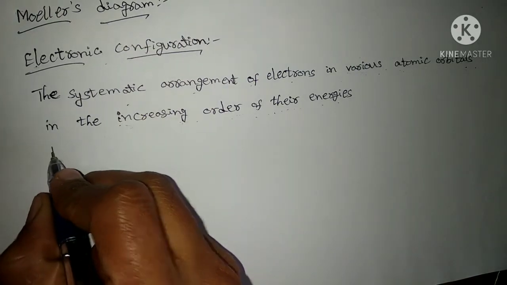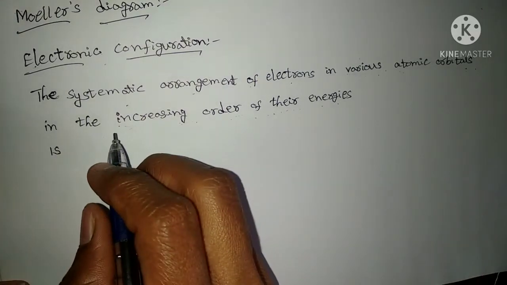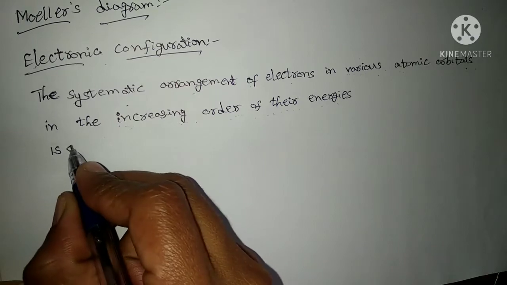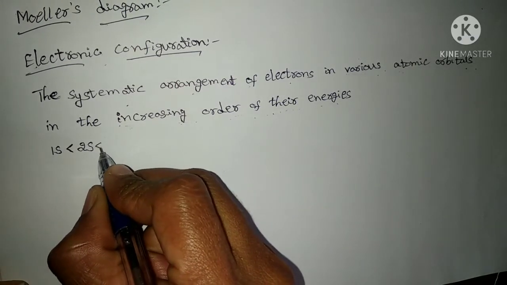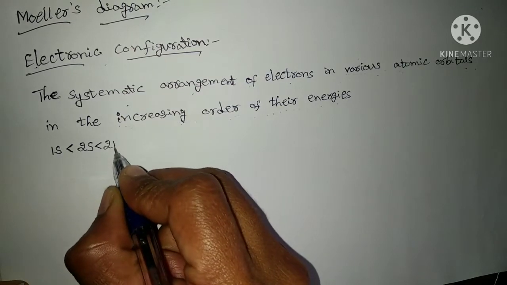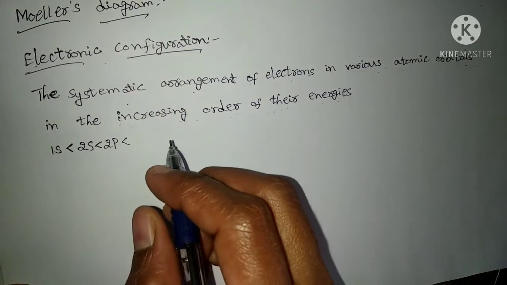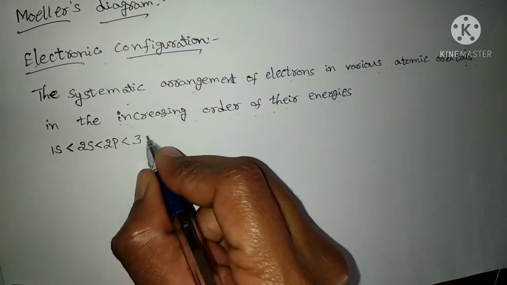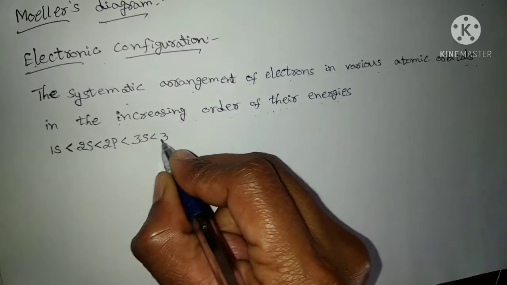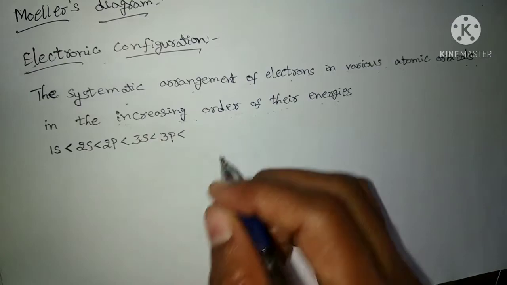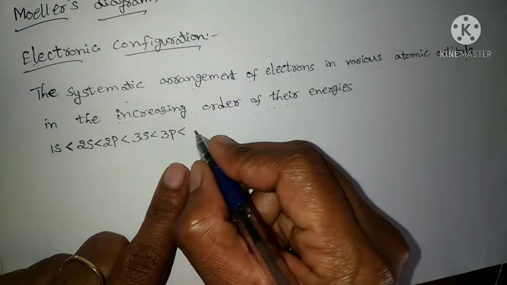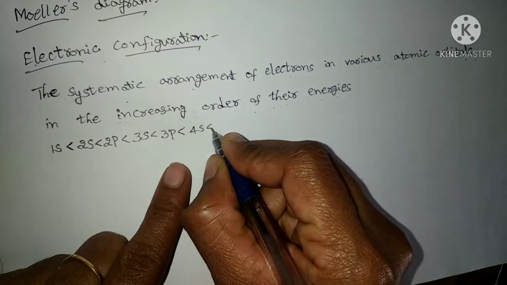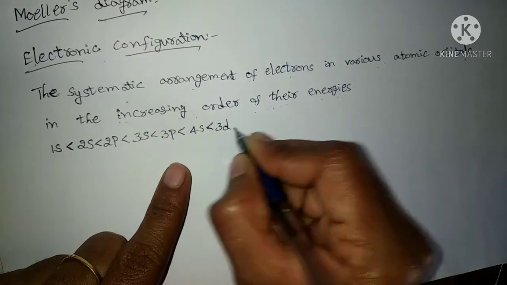Here, the 1s orbital has very little energy. Next, 2s has less energy than 2p. 2p has less energy than 3s. 3s has less energy than 3p. 3p has less energy than 4s. 4s has less energy than 3d.